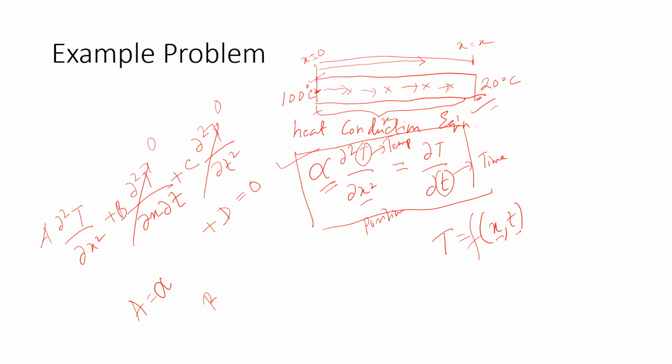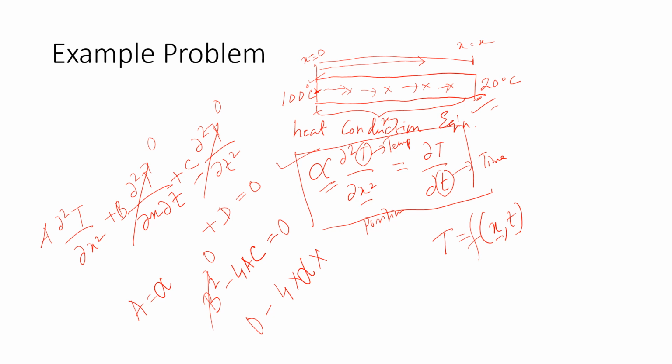So b square minus 4ac: b is 0, so this becomes 0, minus 4 times a, where a is alpha, but c is 0.